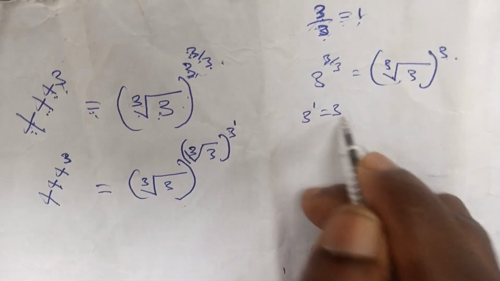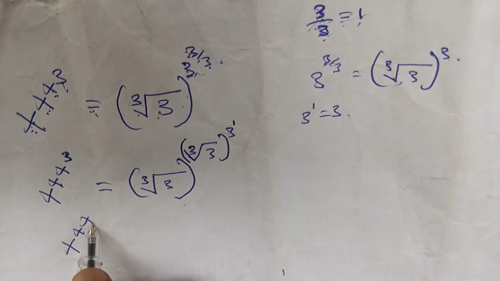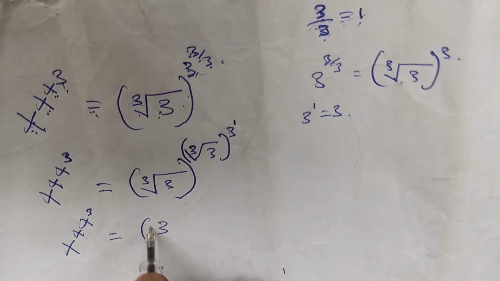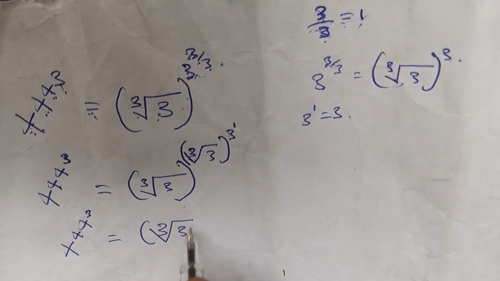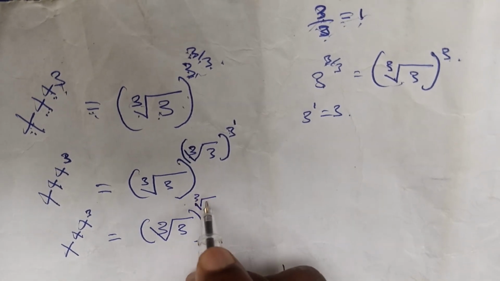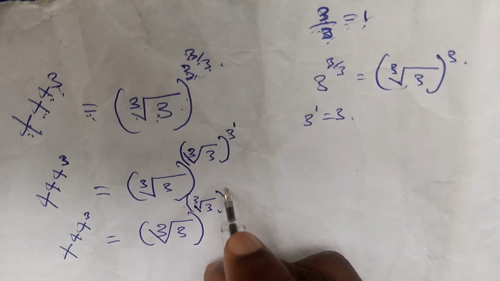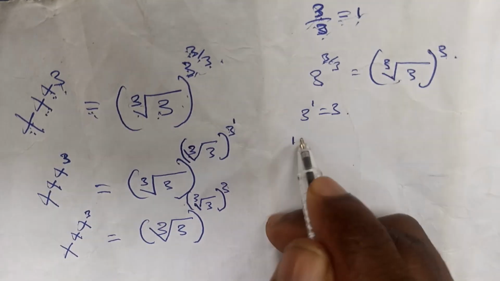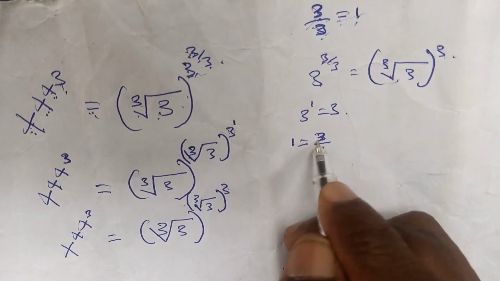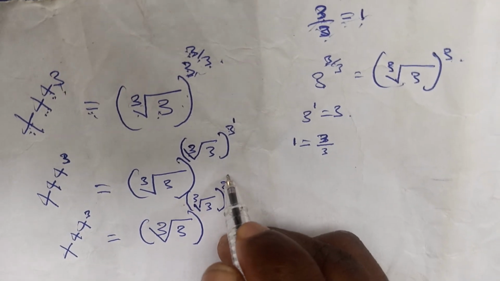So we now have x to the x to the x to the 3 is equal to the cube root of 3, close bracket, to the power of the cube root of 3, close bracket, to the 3. And 3 to the power of 1 is also equal to 3 over 3, so instead of writing 1 here, we can say to the power of 3 over 3.